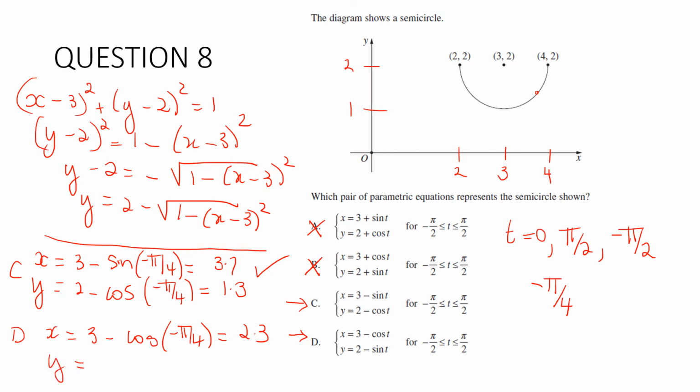And y = 2 take away sin(-π/4), that is equal to 2.7. Now let's have a look at that one. 2.3 and 2.7 is up here, and so D is out. Our answer is C.